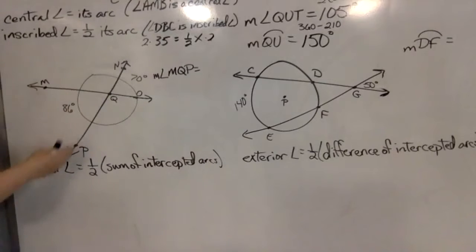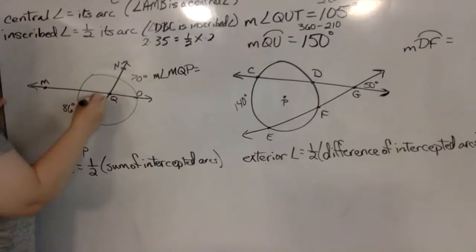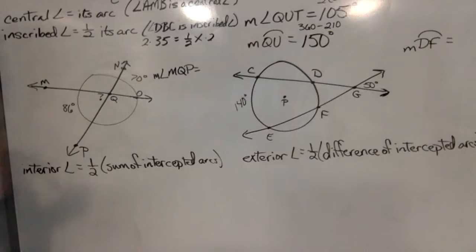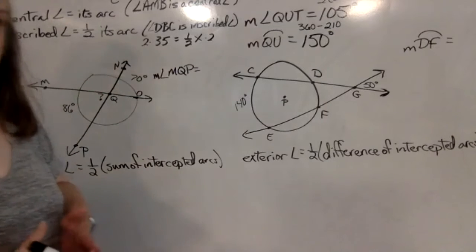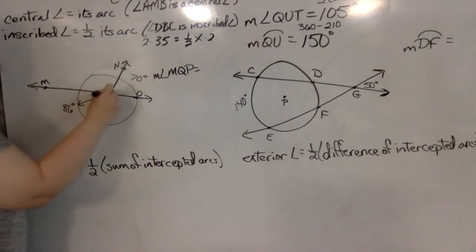So here I have two secants, secant MO and NP, that intersect at point Q. And I want to know the measure of angle MQP. MQP is this angle right here. So the way that I can find the measure of angle MQP is I look at the two arcs it intercepts.